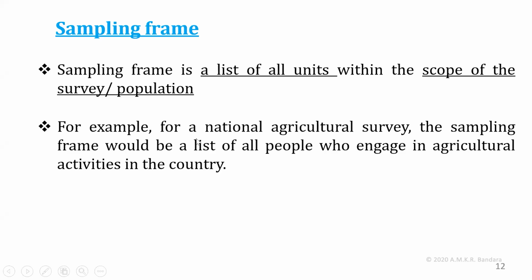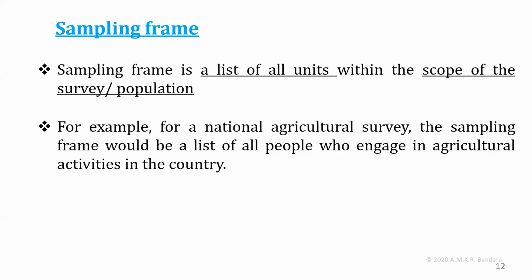For example, for a National Agriculture Survey, the sampling frame would be a list of people who engage in agricultural activities in the country. That means there should be a list which includes all the people who practice agriculture in the country.